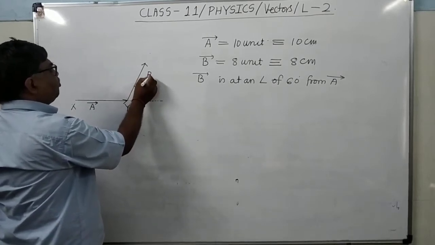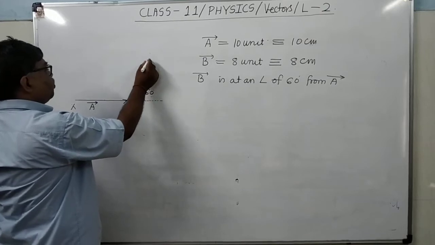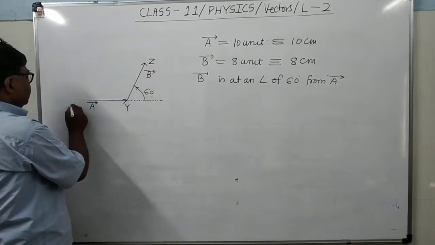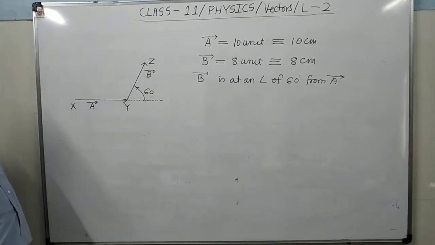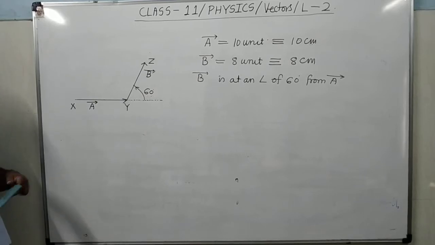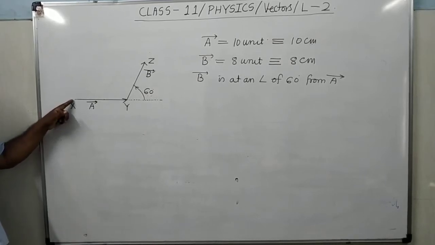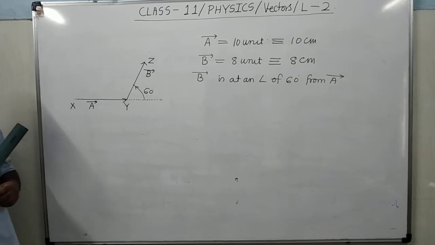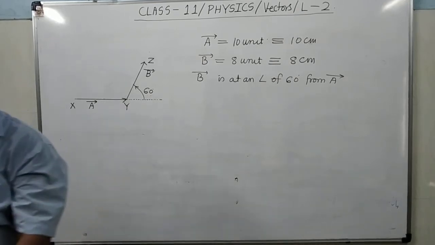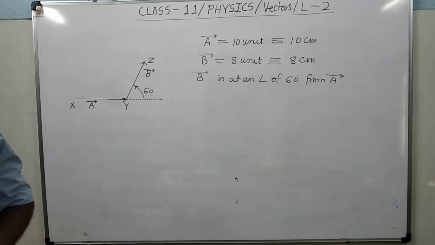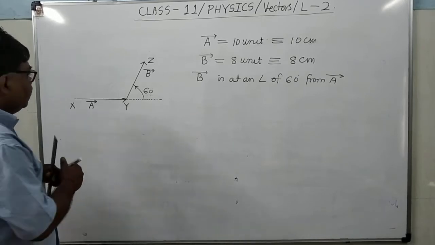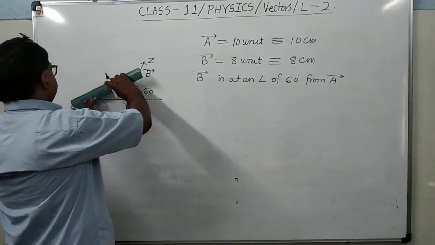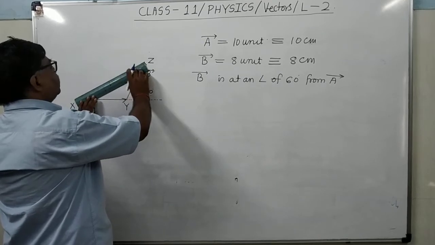This is vector B. This point you can take as Z. Now what will be the resultant? Already I have told you, by joining the tail of the first to the head of the last. So what will be the resultant? You can see here, it can be obtained by joining point X to point Z.